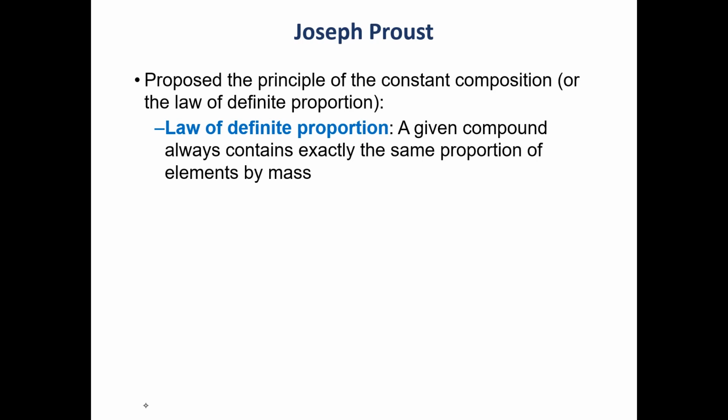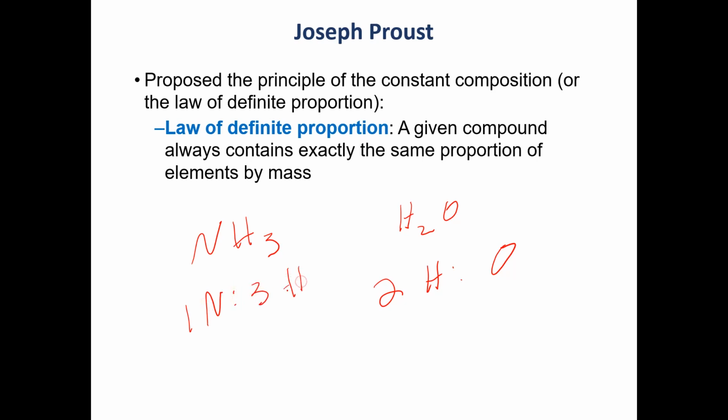So for example, water will always have twice as much hydrogen as it does oxygen. If we take something like ammonia, it will always have 3 times as much hydrogen as it does nitrogen.